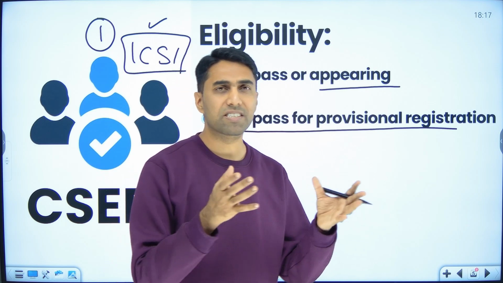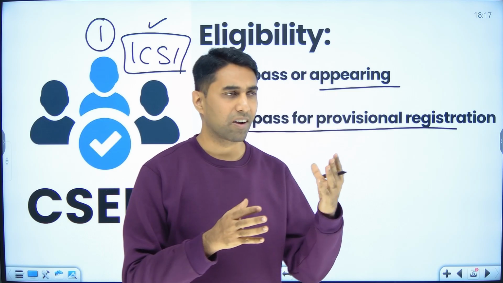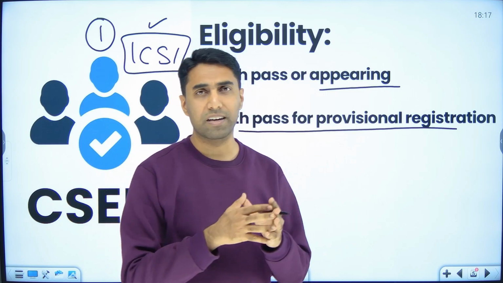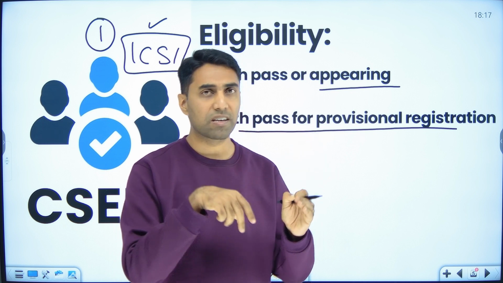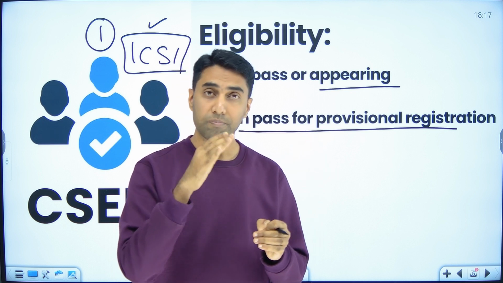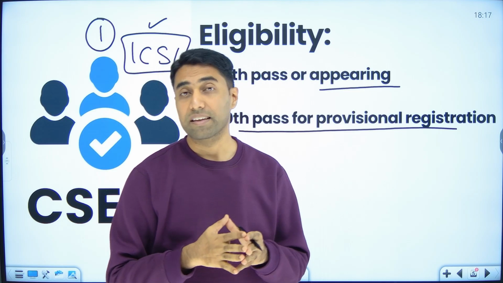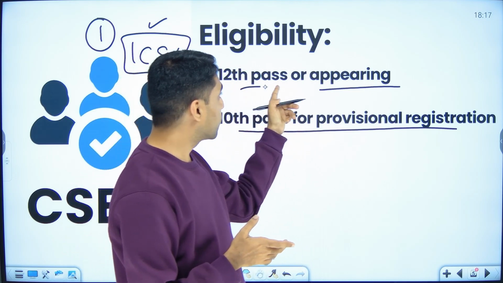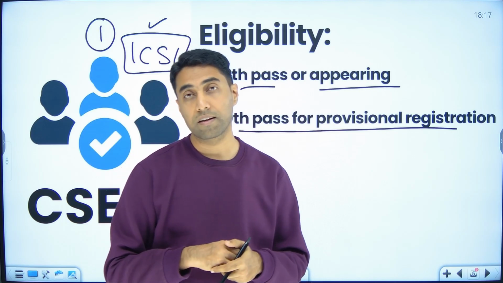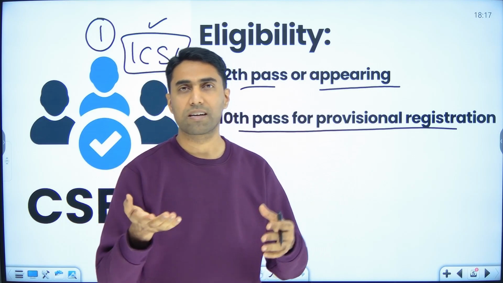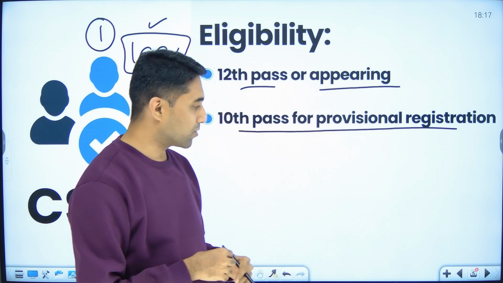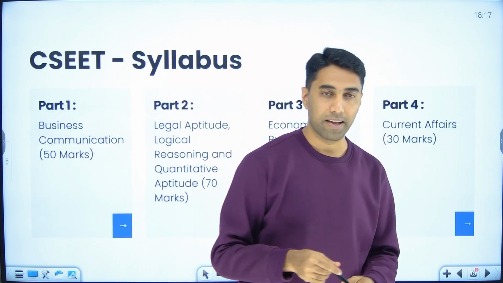In every state, if it's state board, they call it higher secondary or pre-university, there are different names, but basically after 10th standard you should have studied 2 more years and completed that, and then you can write. Even if you have the hall ticket of 12th standard, you can register based on the hall ticket, and obviously you should get your result and pass your 12th, then you can write the CSEET exam.